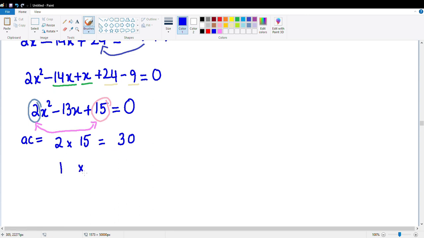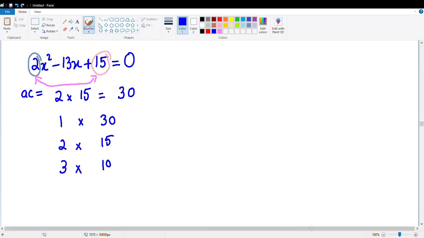So we get 1 and 30, we get 2 and 15, 3 and 10, and 5 and 6. So now let's use these factors.